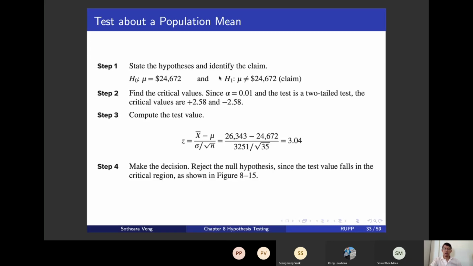Because for the two-tailed test, there are two parts of the rejection region: the value which is less than this one or greater than this one. I'm sorry, 3.04 is greater than this, in the rejection region. So you have to reject the null hypothesis, right?